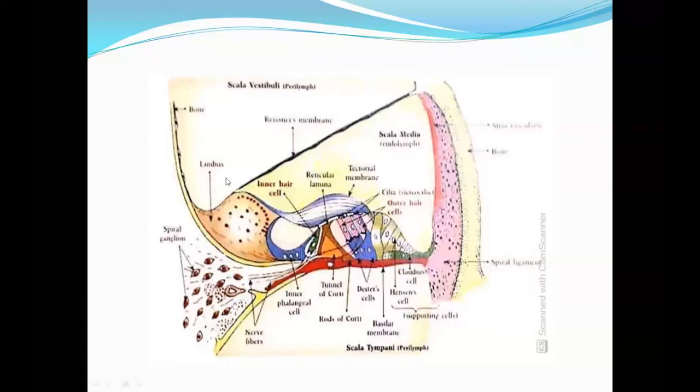So this forms the medial side, and this is the lateral side. These are the three compartments: scala vestibuli. This is the Reissner's membrane. This is organ of Corti that lies on the basilar membrane. This is scala media. This is scala tympani. This is limbus.